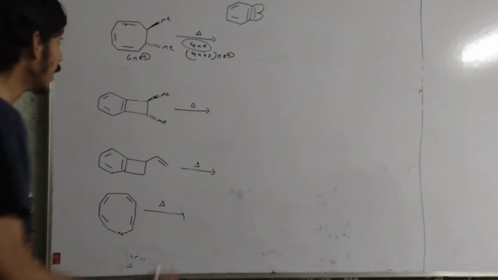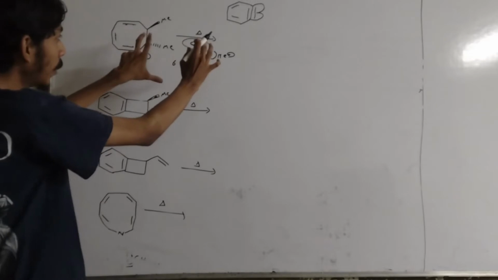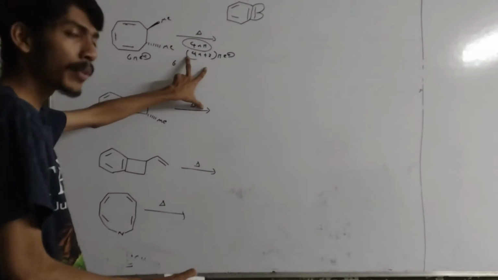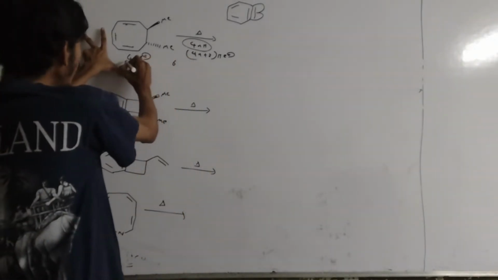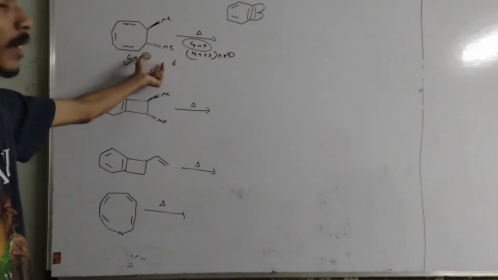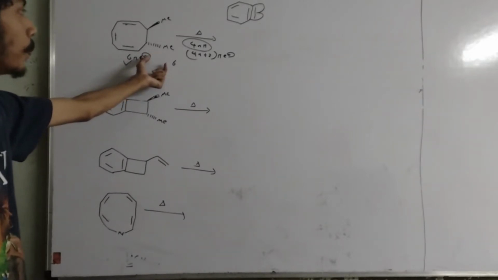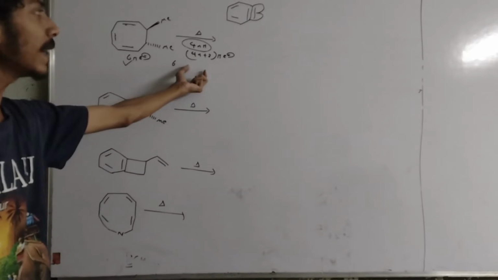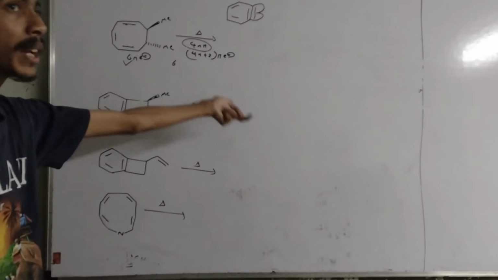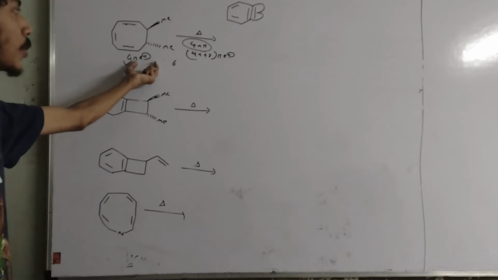If there are 2 possibilities, one for the 4n pi and one for the 6 pi electron, then the reaction always occurs through the 6 pi electron system, because it occurs through a six-member transition state. So it is thermodynamically more favorable. That's why this reaction occurs through the 6 pi electron system.